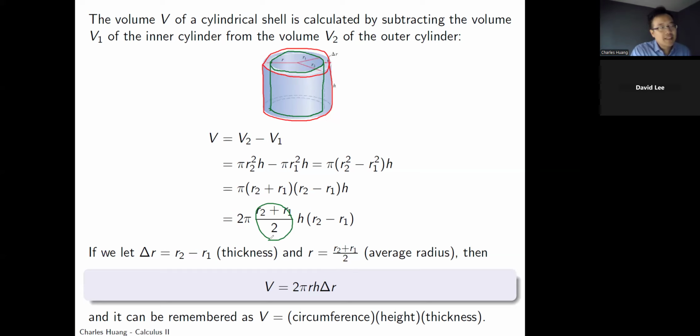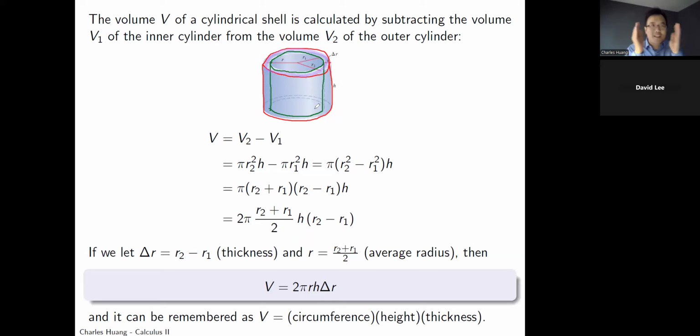Then if I do 2 pi r, this tells you how long the circumference is. So it tells you, let me use a different color, purple, how long roughly this surface is.